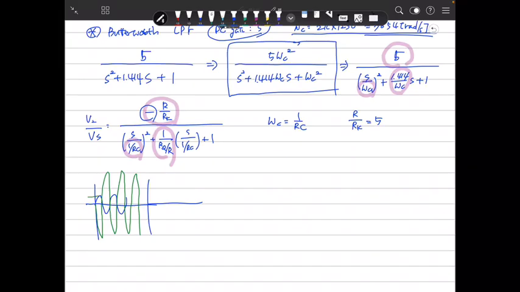Anyway, the gain is a relation between their values. If we define there is a minus, there is no minus resistance, so we don't care about the sign of that. So we can make these relations. And the last thing is we need to satisfy the variable 1.414. So 1 over RQ divided by R is 1.414.